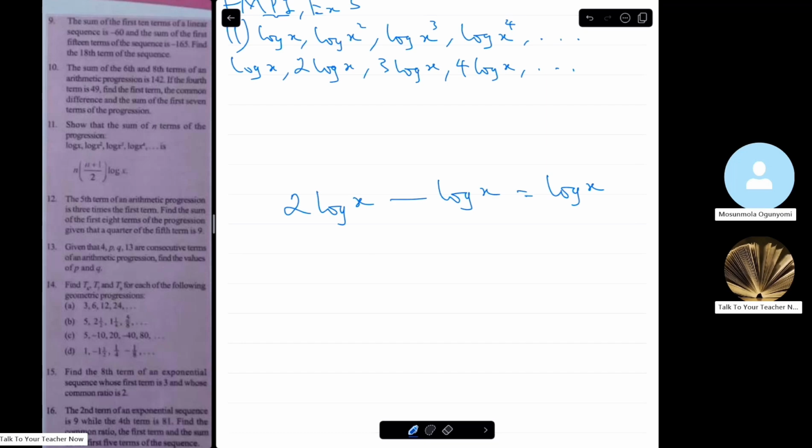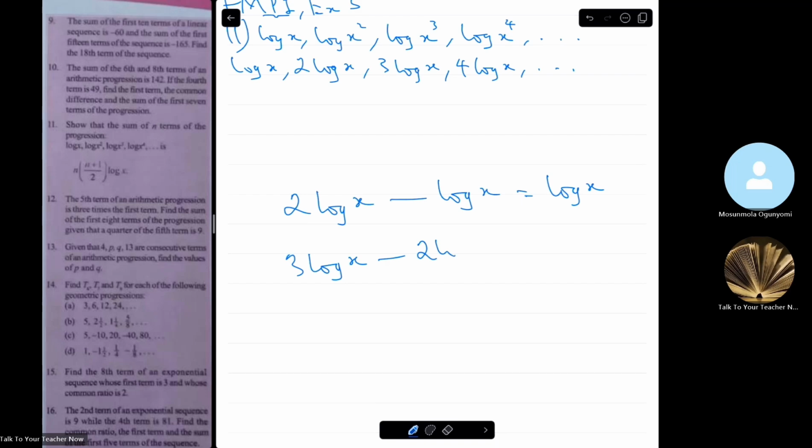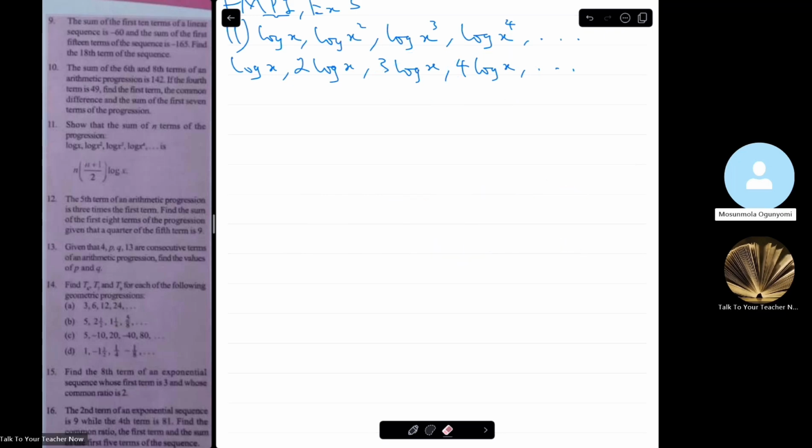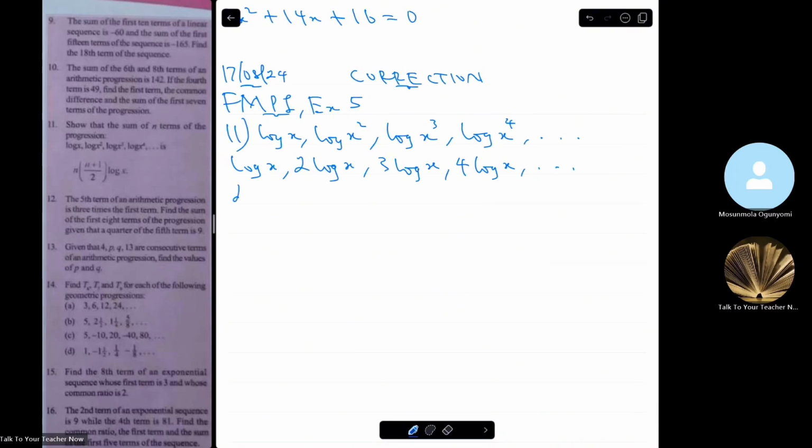Now let's check, is T3 minus T2 the same as log x? 3 log x minus 2 log x gives log x. And you can see that T4 minus T3 is also the same. That means the sequence is what kind of sequence?